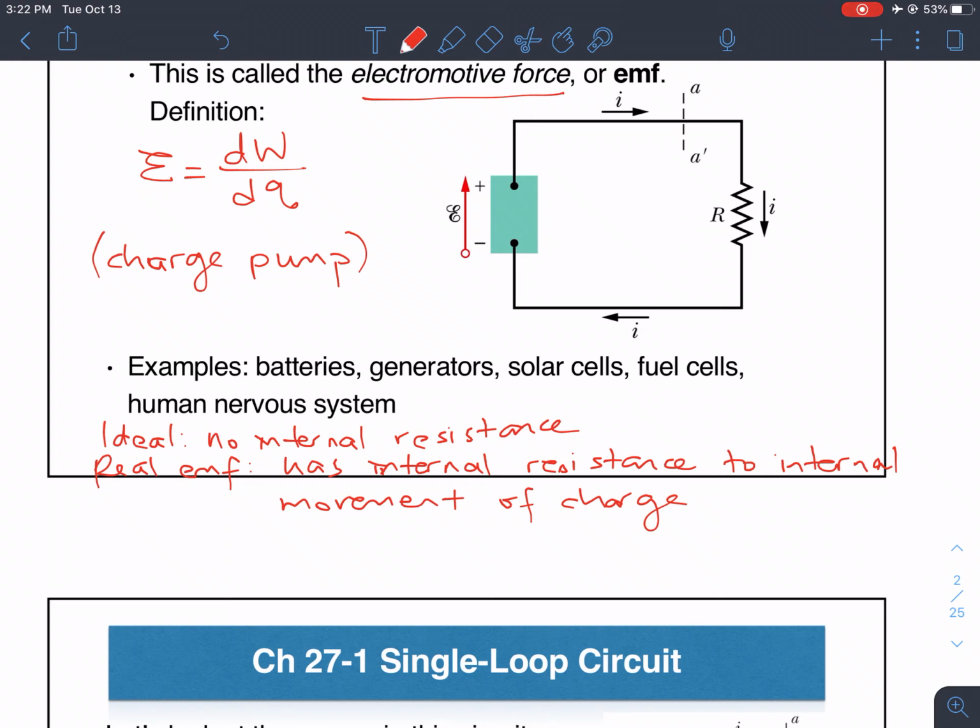That means it doesn't really heat up, and the system's energy is not going to change, because electrical energy is not converted to thermal energy if there's no internal resistance. But in real cases, and we will see those in the labs, we will have real EMF, real batteries, for example, and they will warm up because they have internal resistance, and we'll even do some calculations on them during the lab periods.